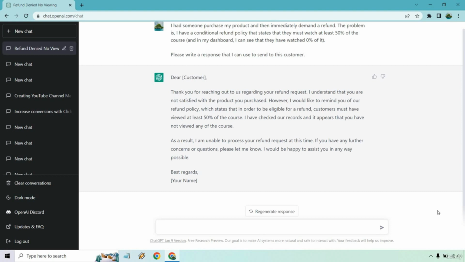But until then, please view at least 50% of the course, and I would reiterate it again. So probably add a little bit more niceness in there. A lot of times when people do this, they come in very angry and mad, which makes it even more annoying to deal with. So be very nice even when you don't feel like you should be. So that was actually pretty good. You could add a little bit more about any other ways we can help them, but that's just one example.